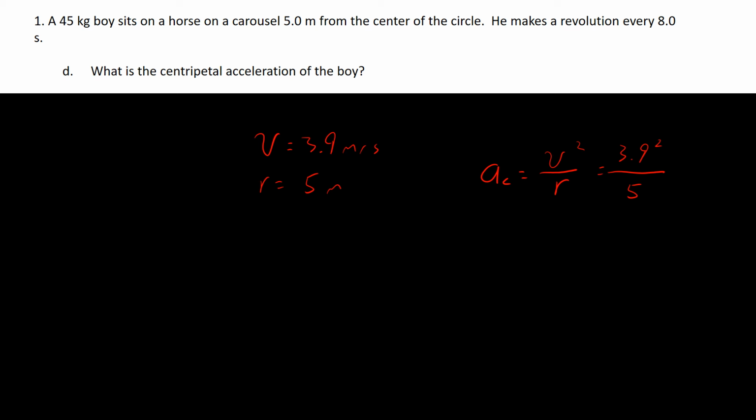The centripetal acceleration is about 3. I know my significant figures are a little all over the board, but it's fine. 3 meters per second squared, right?